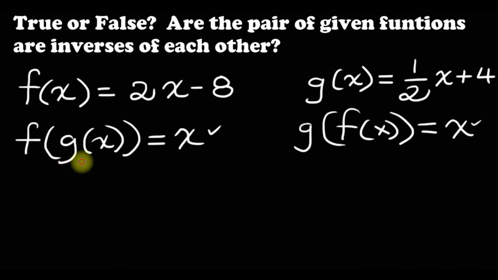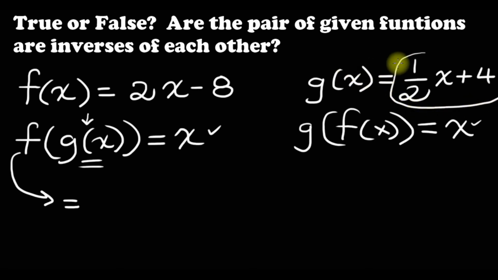So to do this, notice that g of x is inside, right? So g of x is the inside function. So to find f of g of x, you are going to take g of x, so this is your g of x right here, and you are going to replace that, you're going to plug it in where x is of the f of x.